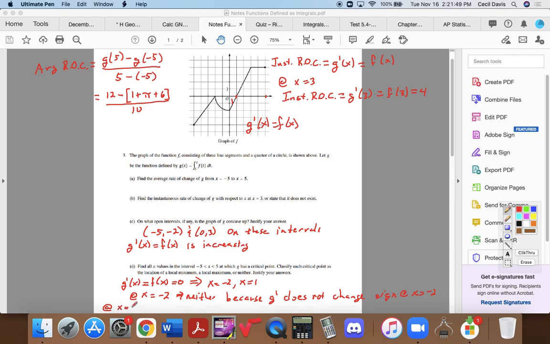And at x equals 1, what do we have? Minimum. Yeah, we have a minimum, because g prime changes from what to what? Negative to positive. Yeah, negative to positive.